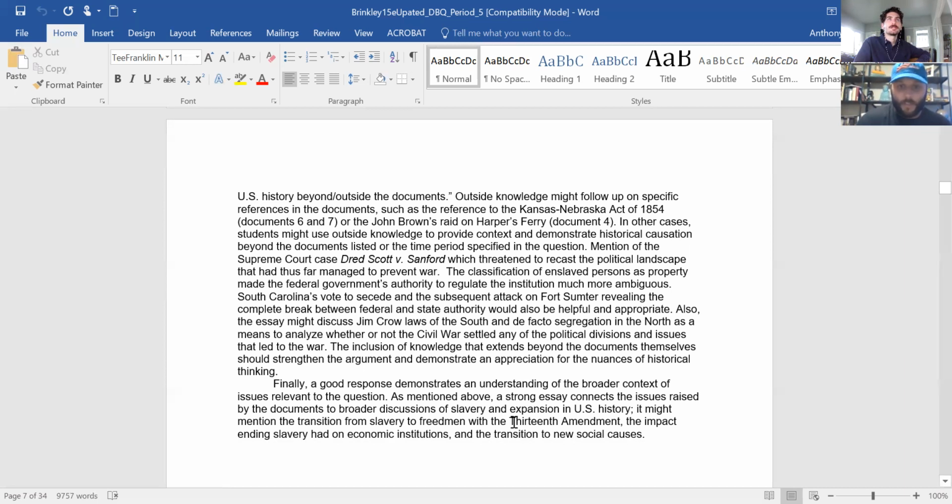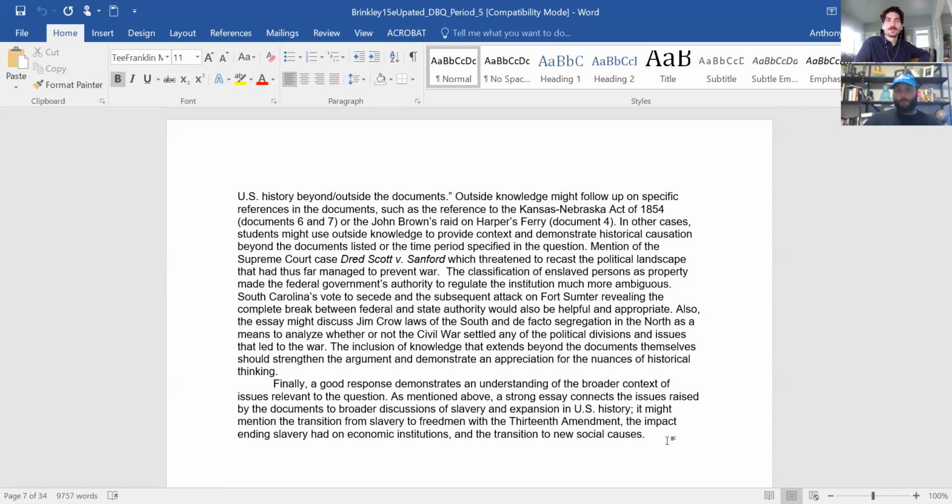And this is the sophistication point, right? If you're bringing up economic institutions, if you're bringing up the 13th Amendment, it's very, very hard to get those points. But it's also hard because they're sticking you in that period, right?